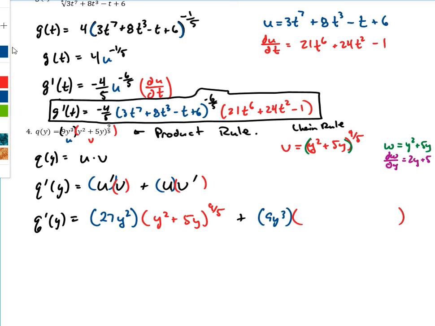Okay, so going back to my v expression, v is equal to, I'm saying this whole thing is w, and then it's raised to the 9/5. And then that way I can do my v prime. V prime is, well, power rule, 9/5 comes to the front. The w is still w for now.